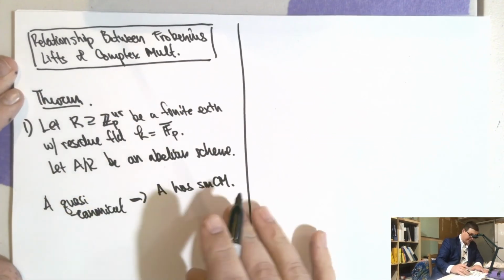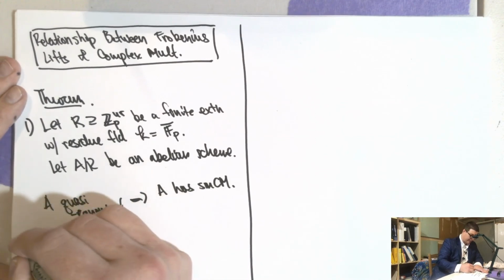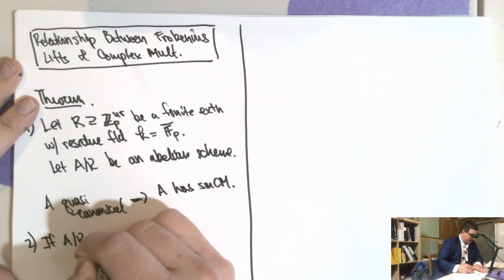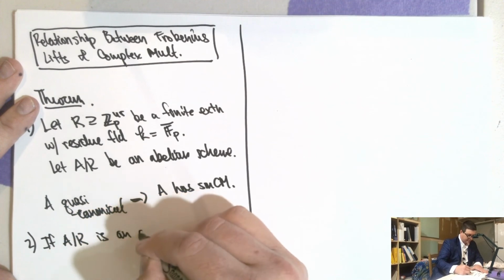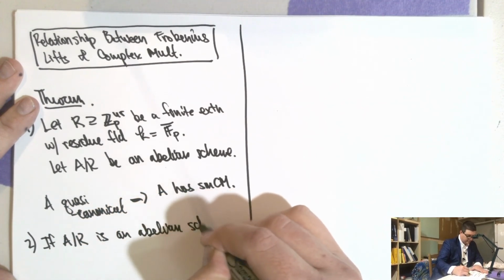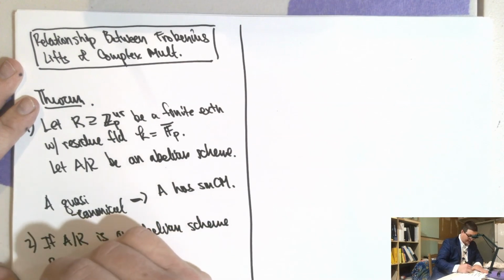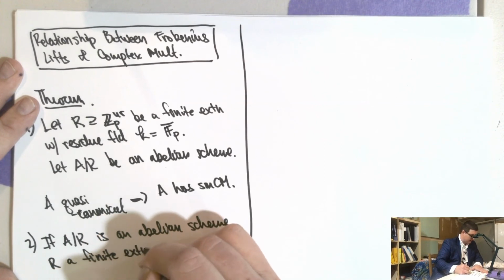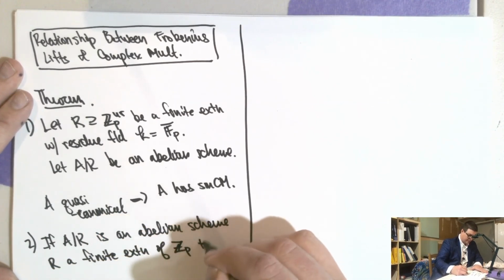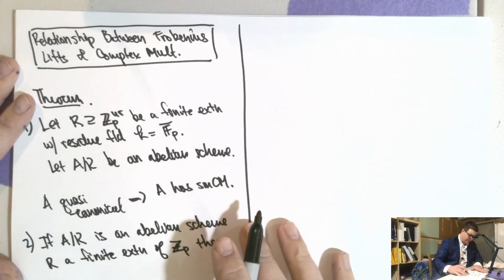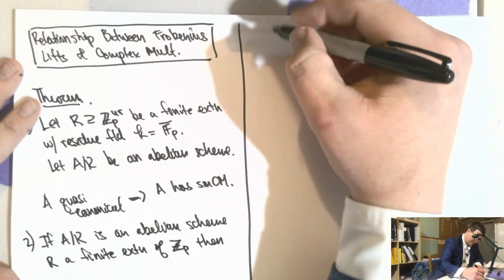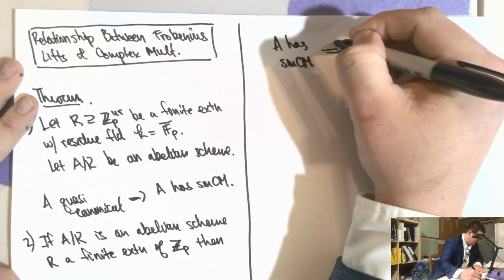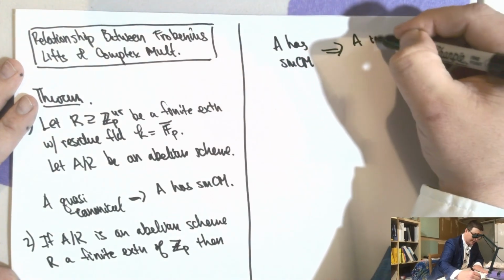The second part is the following. It says that if A over R is an abelian scheme, and R is a finite extension of Z_p, then if A has sufficiently many complex multiplications, this implies A is a quasi-canonical lift.